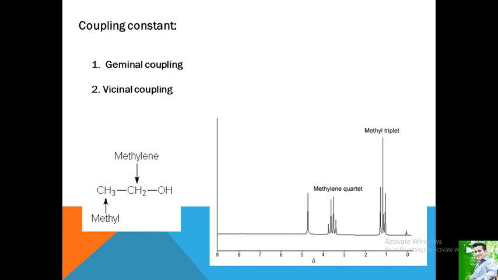To see why the methyl peak is split into a triplet, let's look at the methylene protons. When we look at the methylene protons, there are two of them. Each can have one of two possible orientations, aligned with or opposed against the applied field. This gives the possible states.